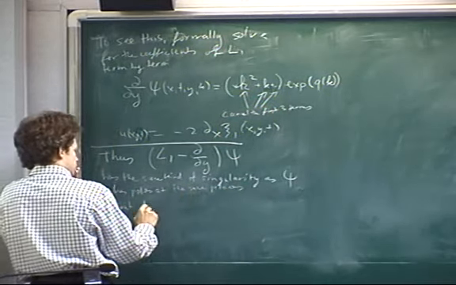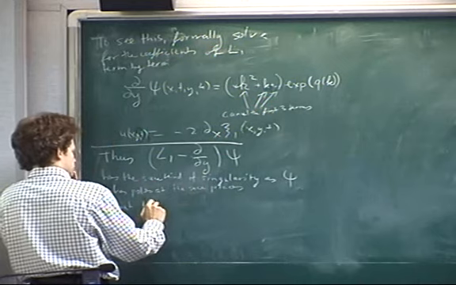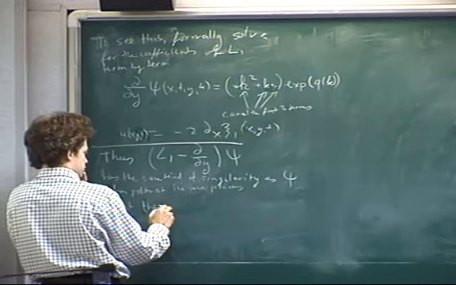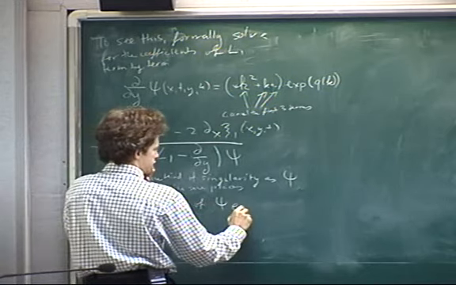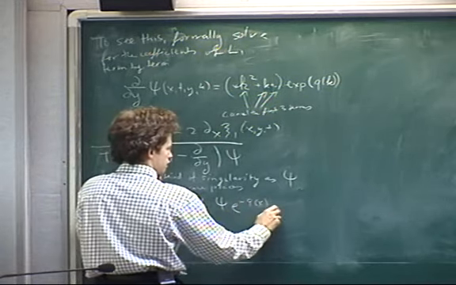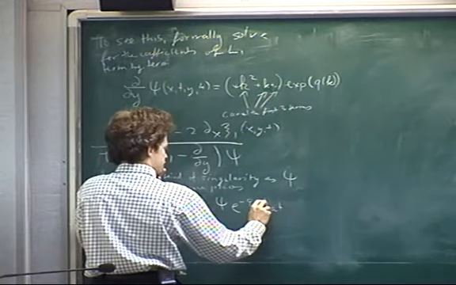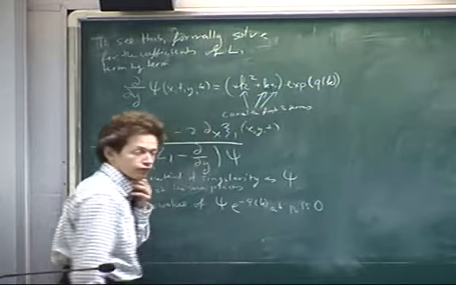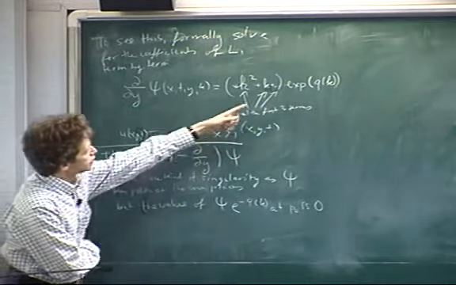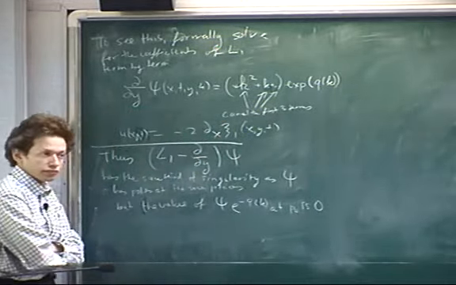But the value of psi times e to the minus q of k at p naught is 0. Right, because I killed this coefficient in the expansion.